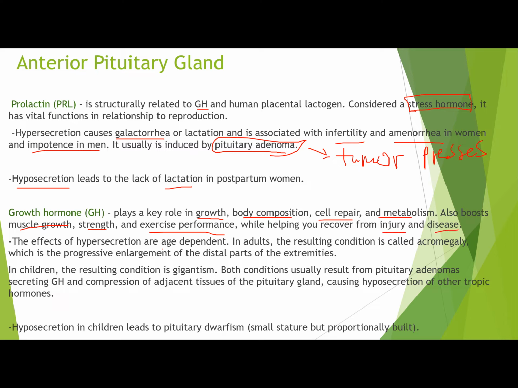So kapag increase ang growth hormone mo, meron kang gigantism, and in some cases, meron kang acromegaly. Sa acromegaly class, malalaki yung mga distal parts, yung mga kamay nyo, yung mga arms nyo, yan.